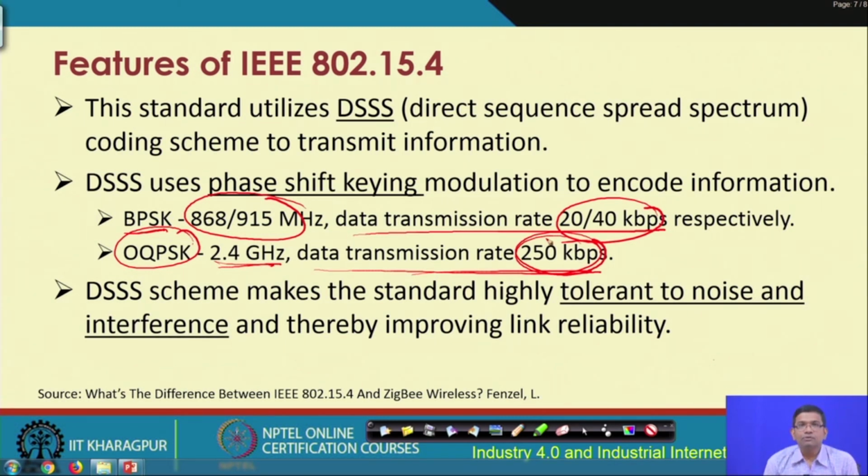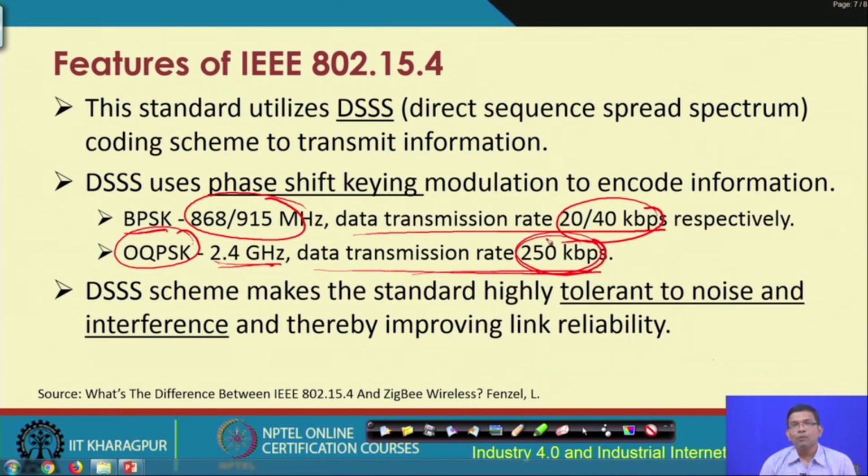So, as I was telling you earlier, DSSS is good because we are talking about IoT environments full of noise and interference between different devices, and DSSS is a standard that will be highly tolerant to these unwanted things like noise and interference.